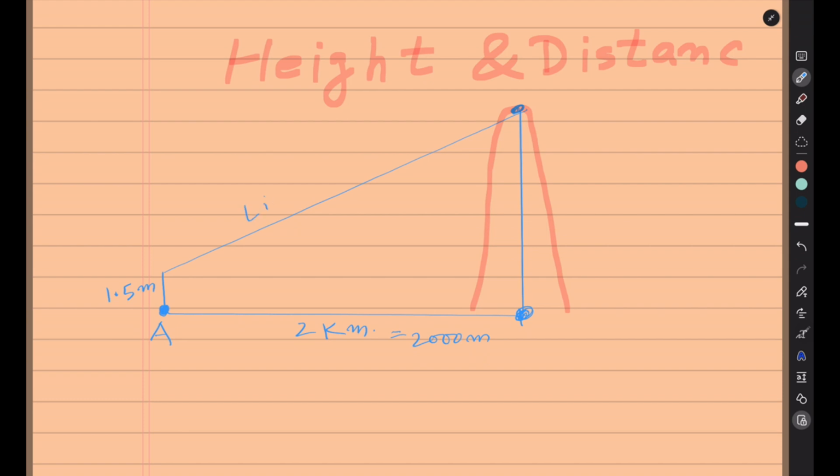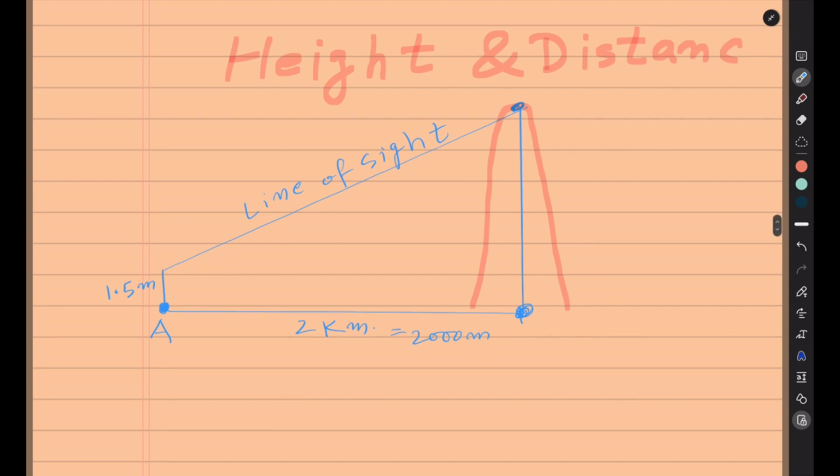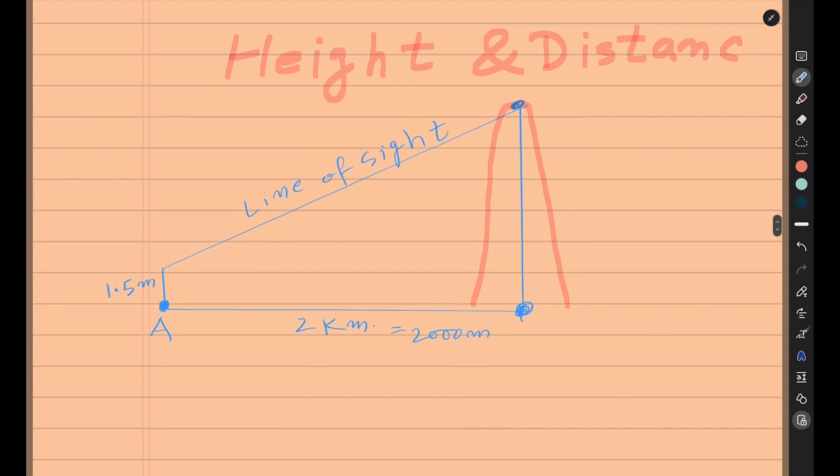So this is called line of sight, and basically what you are doing, you are making some elevation with respect to the horizontal surface on which the tower as well as you are standing.